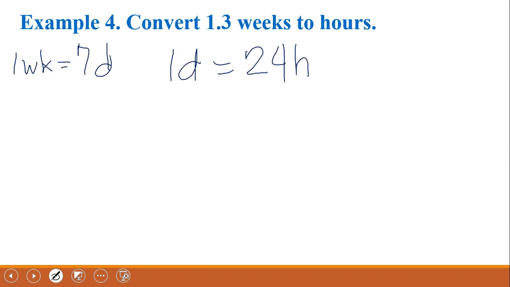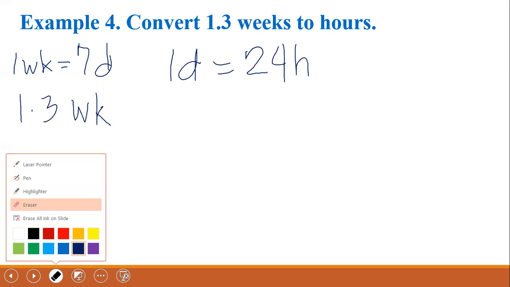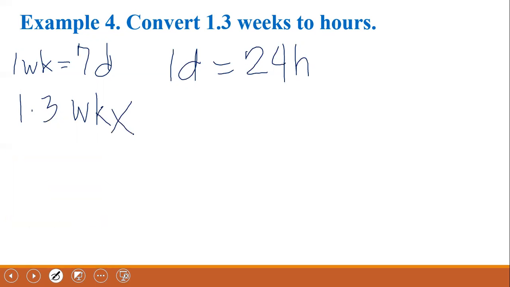Therefore, we have 1.3 weeks is equivalent to... 1.3 weeks is multiplied to, so in 1 week, there are 7 days.